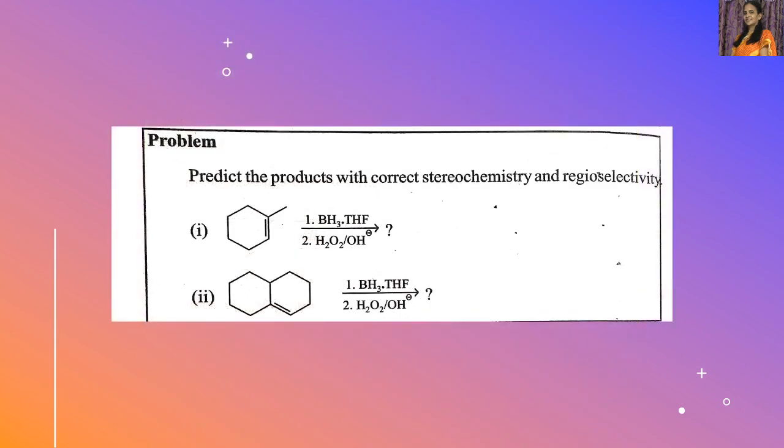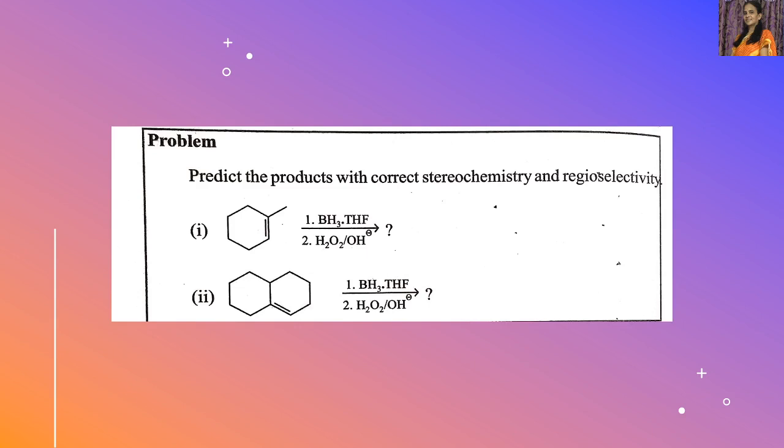Another one. This one: predict the products of the reaction related to today's topic, that is diborane or borane-THF addition followed by oxidation with hydrogen peroxide in the presence of a base. An alcohol will be produced in this reaction. So what we should predict?